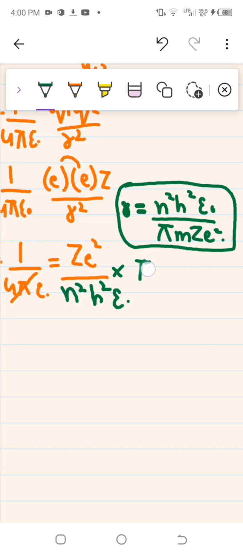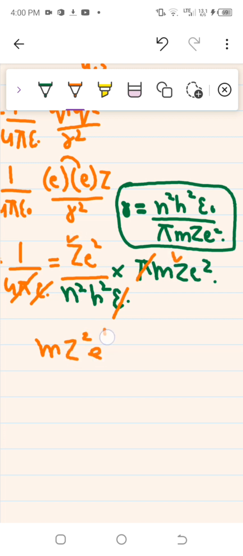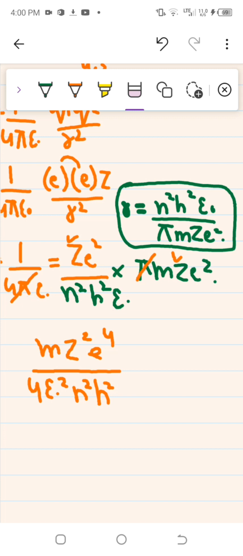Pi cancels with pi and epsilon cancels with epsilon. The remaining will be m Z square, Z and e4 in the numerator, and in the denominator we have 4, epsilon square, n square and h square. I hope that is clear to you guys.